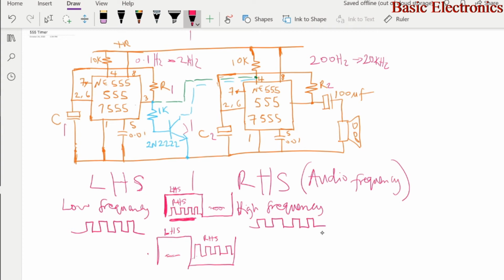But when the output of the left hand side is low, the transistor is open, and the pull-up on pin 4 is restored, and at that point you have an oscillation on the right hand side, so you can hear the audio frequency from the right hand side.